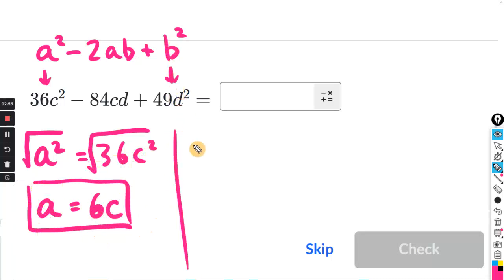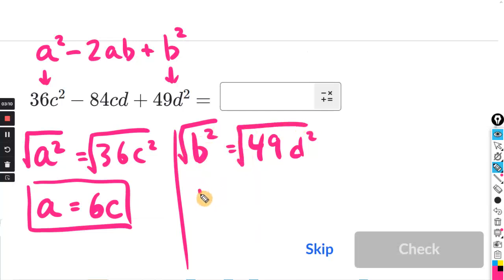B squared equals 49d squared. The opposite of squaring something is to take the square root. We do that to both sides. Square root of b squared is b. Square root of 49 is 7. And the square root of d squared is d.